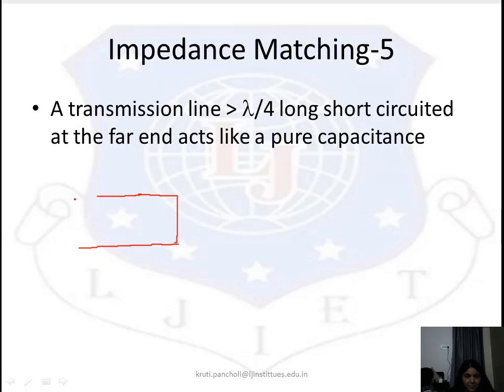I am assuming that it is greater than lambda by 4. Okay, and it is short circuited. So this will act as a pure capacitance.